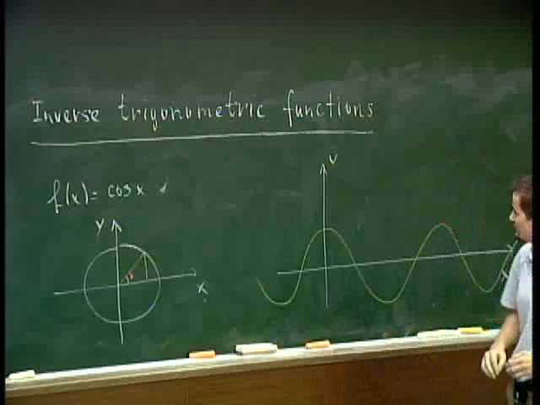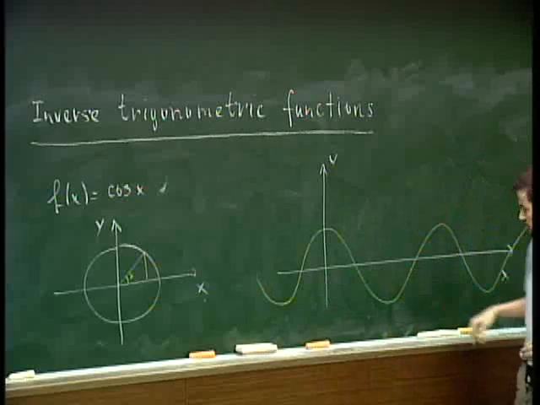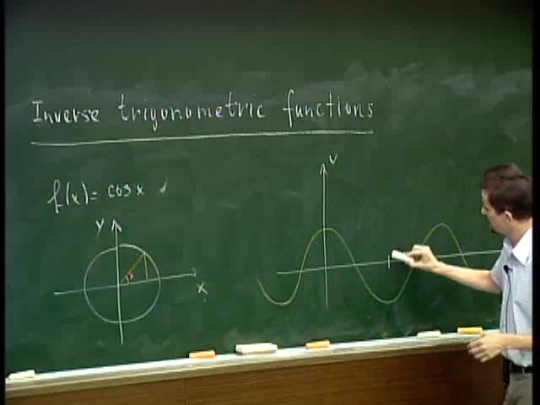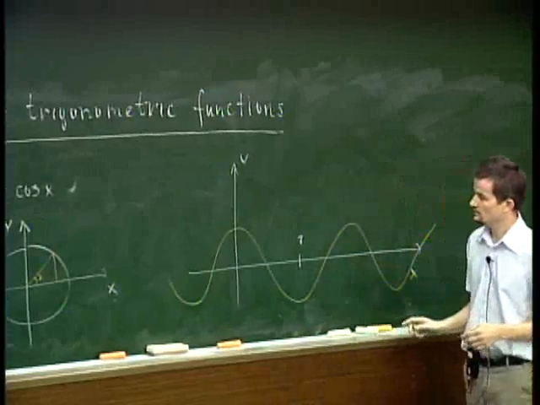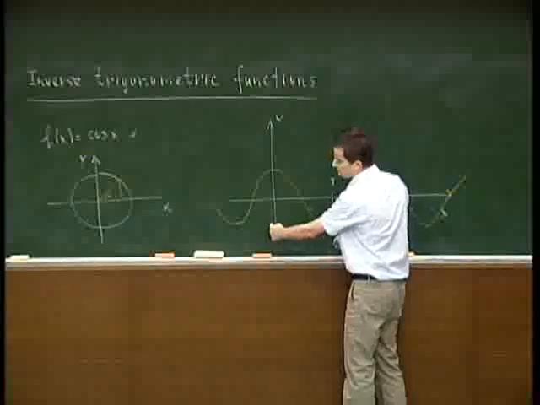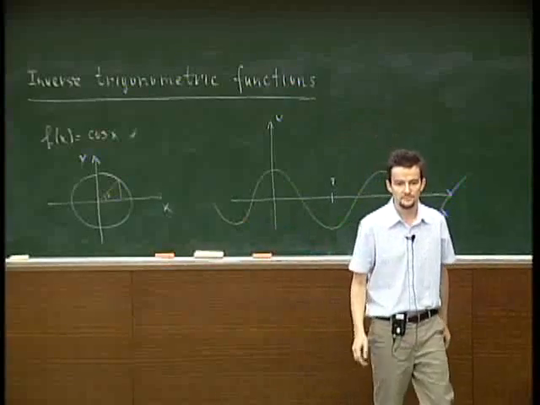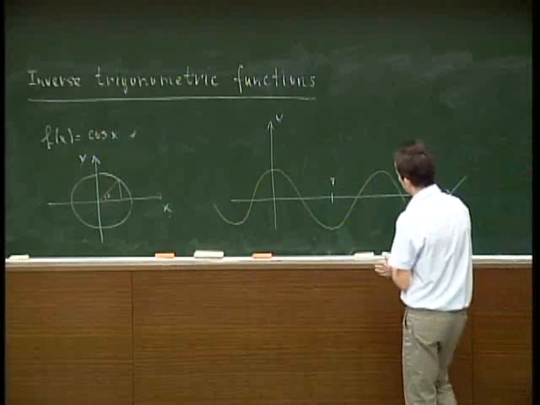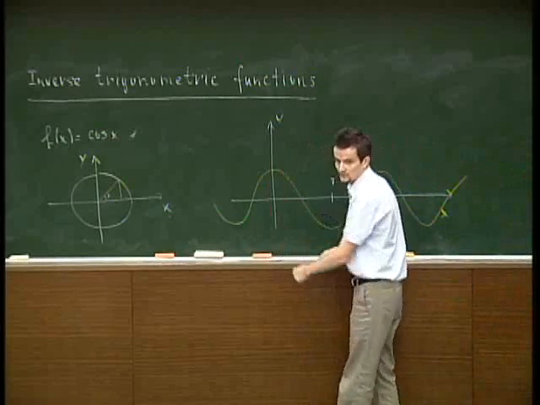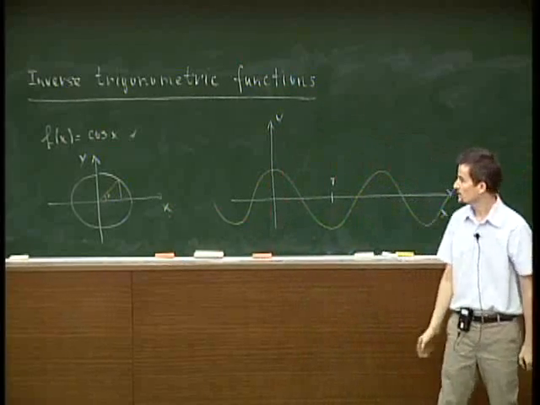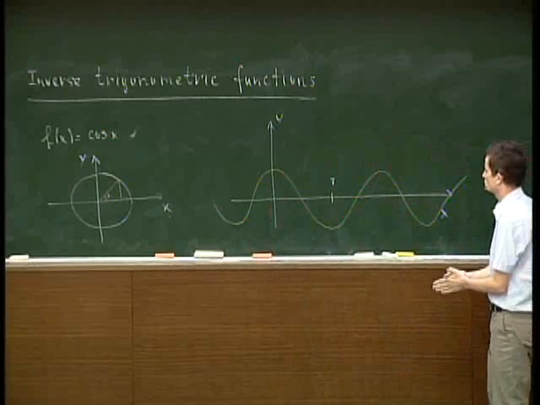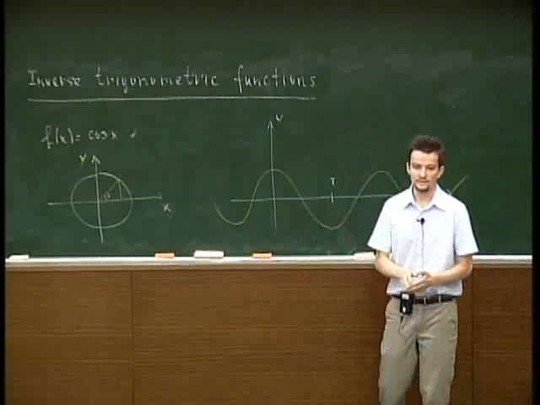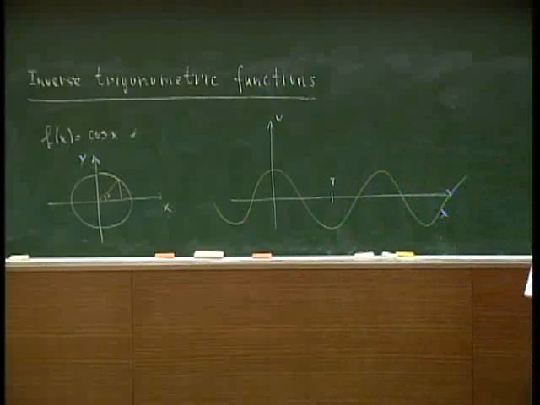The standard way is to use the domain from 0 to pi. You just look at this piece here and consider the inverse of this piece. The arc cosine function, or inverse cosine function, is then the inverse of this function with this domain. So the range of the inverse cosine function is 0 to pi, and the domain is from -1 to 1.